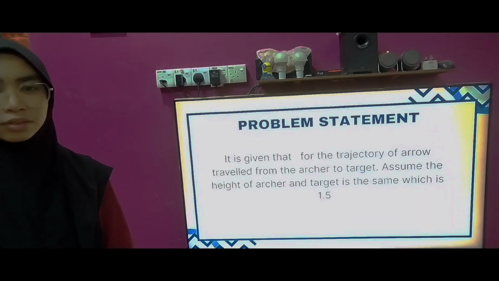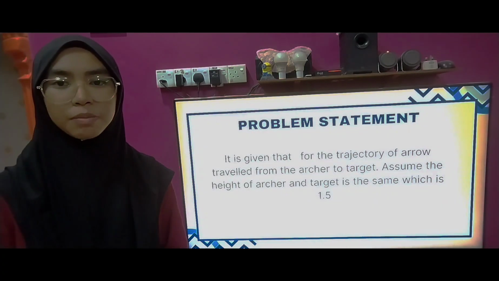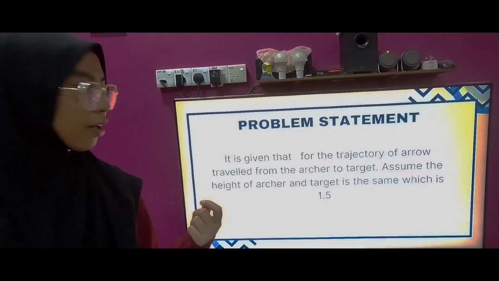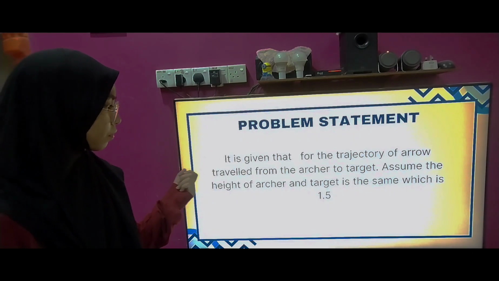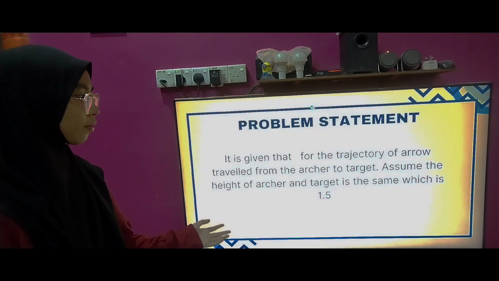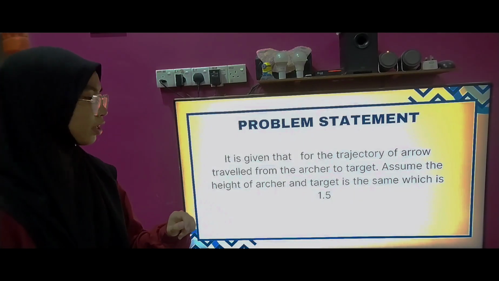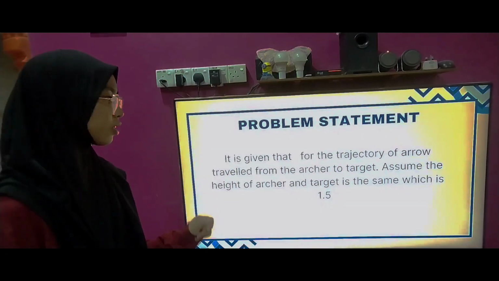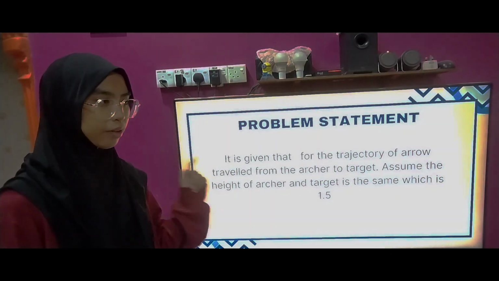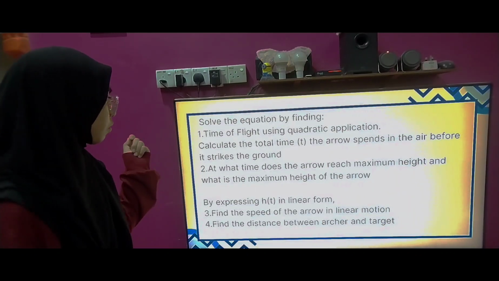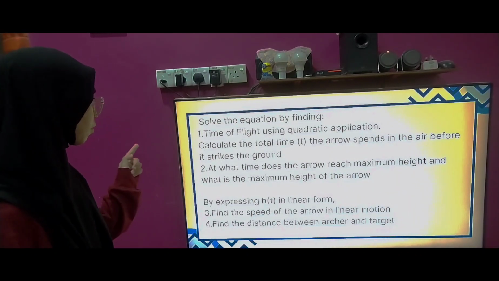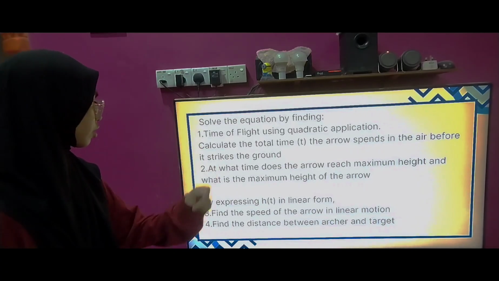Okay, next. Here's the problem statement. It is given that for the trajectory of an arrow traveled from an archer to the target, assume the height of the archer and the target is the same, which is 1.5 meters. Next, solve by finding the time of flight using quadratic equations.